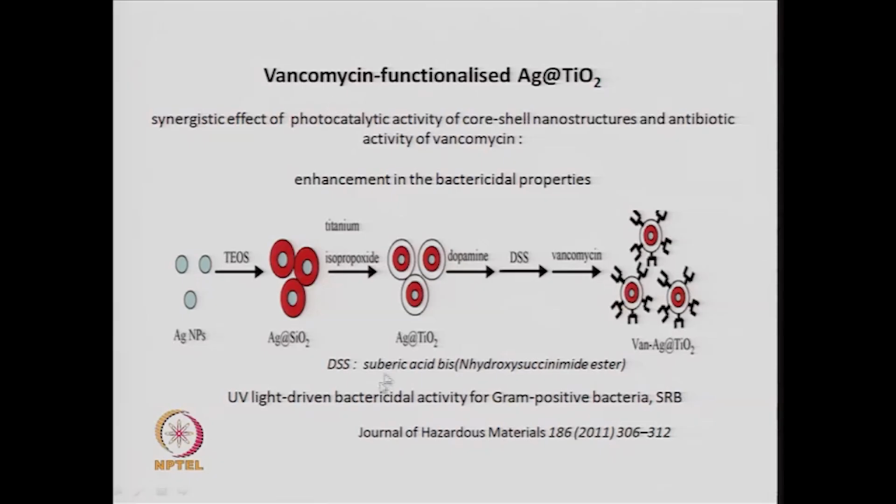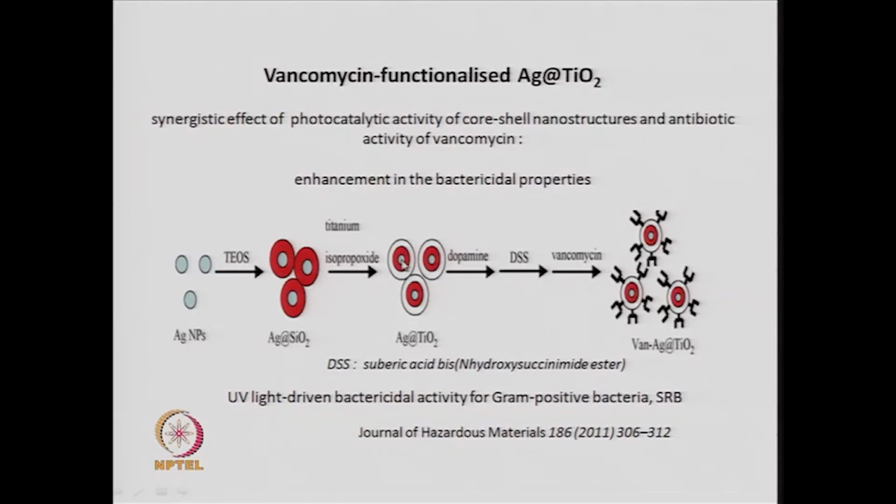How you make them is you first make silver nanoparticles, then you make a silica layer on top of the silver nanoparticles using tetraethoxysilane, and on top of that you make a TiO2 shell using titanium isopropoxide.